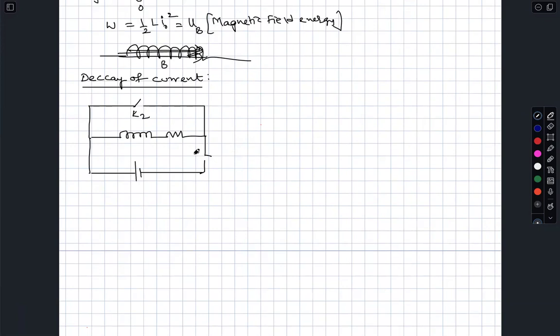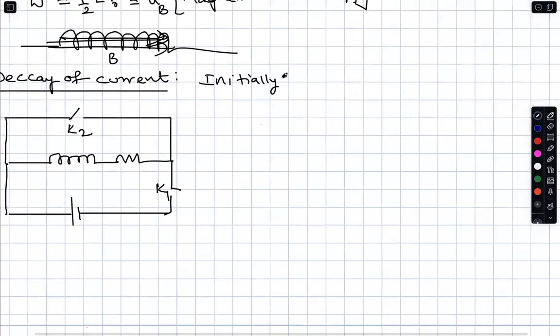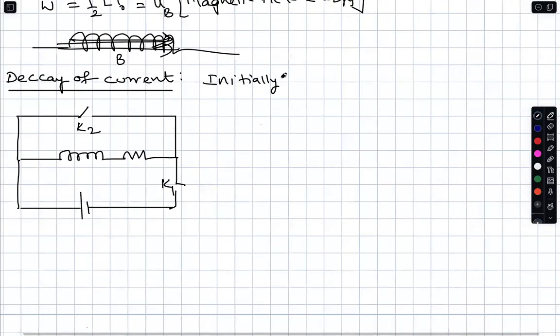This is K2 and this is K1. Now, initially, K1 is closed and K2 is open.